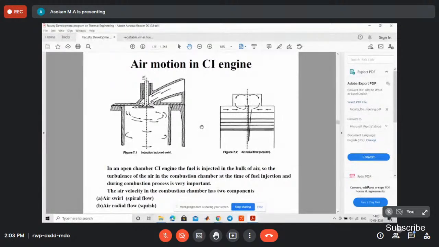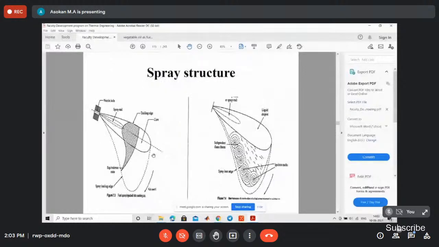See, this is the spray structure. The fuel is injected in the form of fuel droplets. So the most portion is the leading and trailing edge. Right? Because of this, fuel is injected radially into the combustion chamber. Right? So the air molecules carry the fuel droplets. Because of injection, the fuel disintegrates into small droplets.